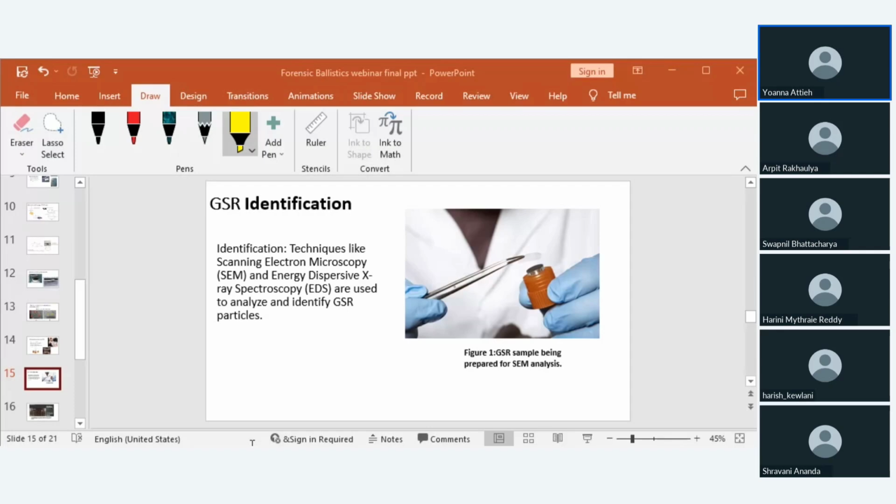So this makes it possible to visually examine and accurately characterize GSR particles because it identifies their unique morphological features. This level of resolution allows forensic scientists to confidently distinguish between gunshot residue and other similar substances, reducing the risk of false positives.